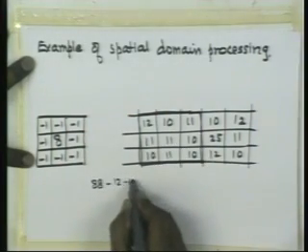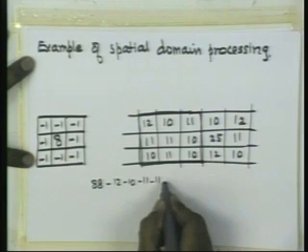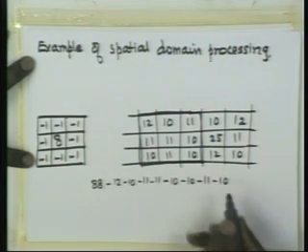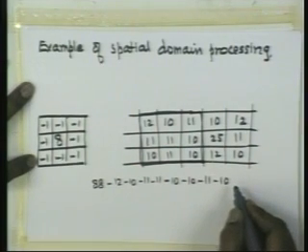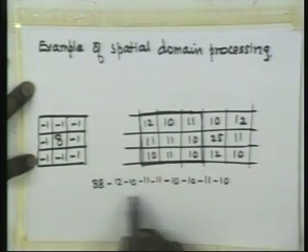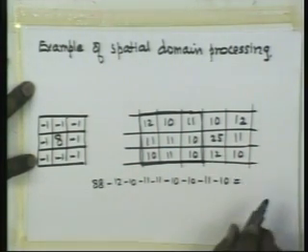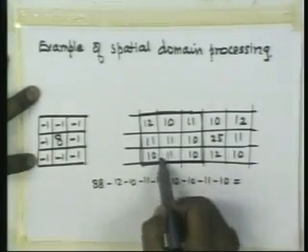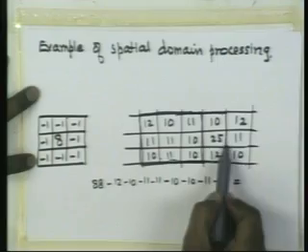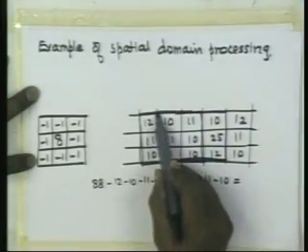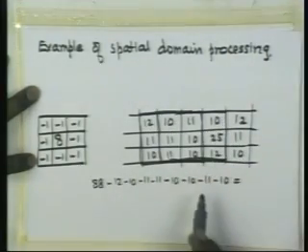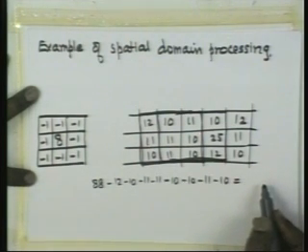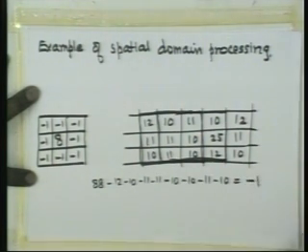So 12 minus 10 minus 11 minus 11 minus 10 minus 10 minus 11 minus 10. So whatever that comes out to be, maybe one of you can calculate and we can find out what this is. Now if I move this mask further, I will translate it to the next set of 3 by 3 matrix here. This should come out to be pretty close to 0, -1, okay, all right.